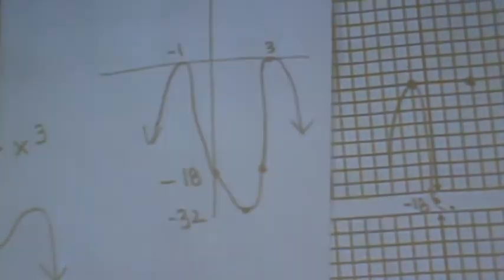What it's doing is it's hitting here at -18, the y-axis. It's coming down to -32, and then it's shooting back up at -18 again, and then it's going to touch at 3, this is 3, and then it's going to come back down. This is -1. So that would be a nice graph.